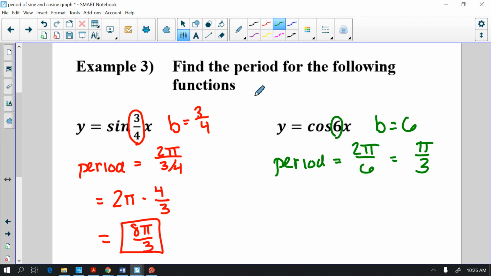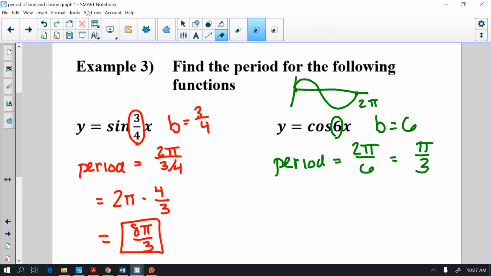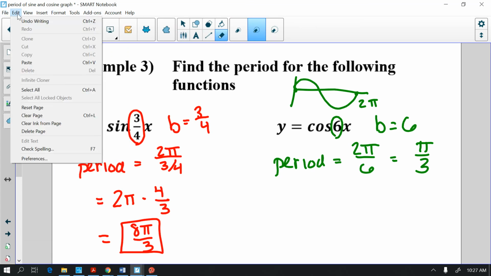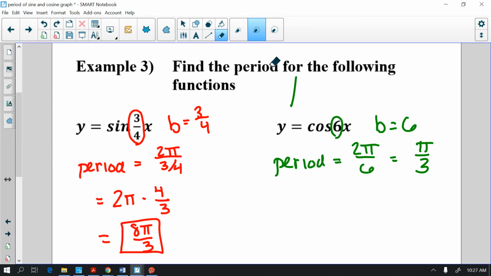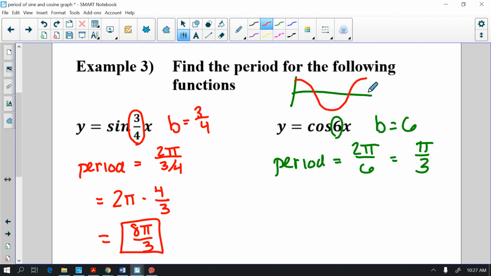The original graph goes from, if this is 0, and we'll make that 2 pi, the original cosine graph. So the original cosine graph does this, with this being my 2 pi right here.